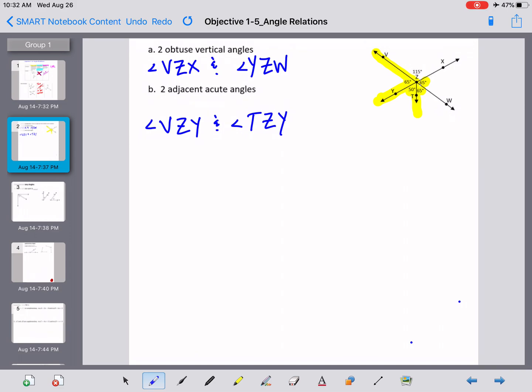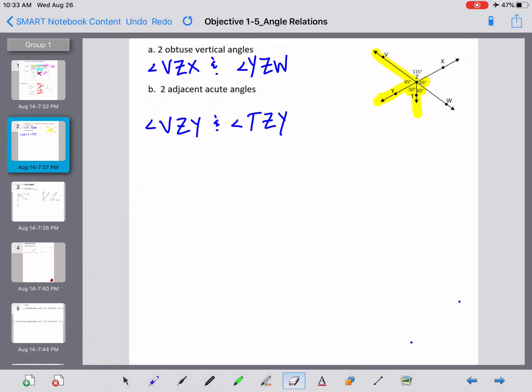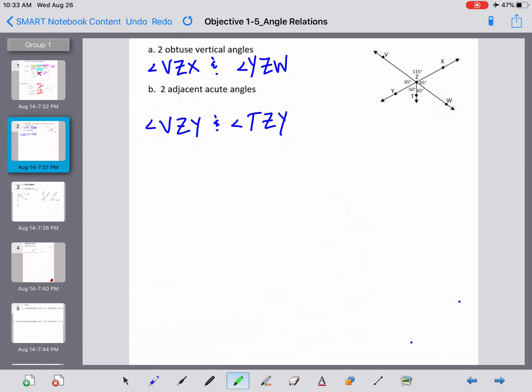That's one pair. And then my other pair could be YZT and WZT.